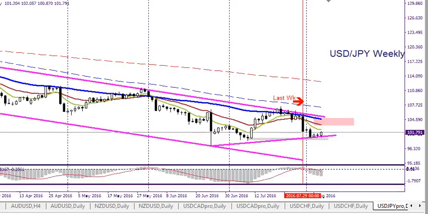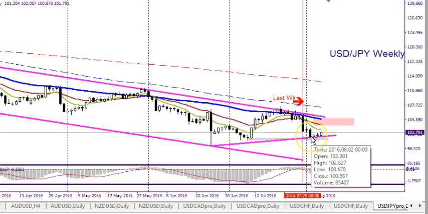Let's switch to the daily chart, and you can see that these are very small candles. Remember, we had the previous Friday, a huge bearish candle, and another big bearish candle here.